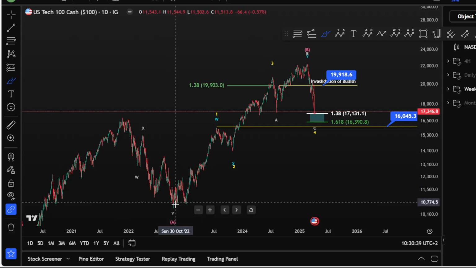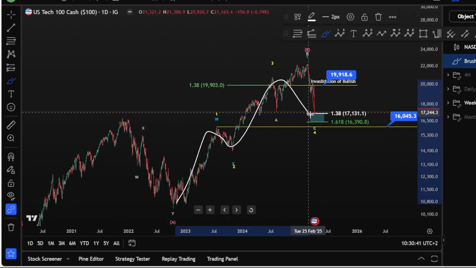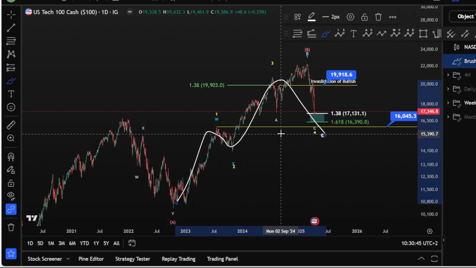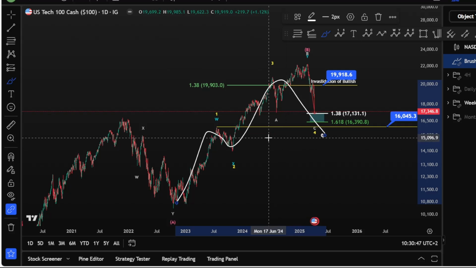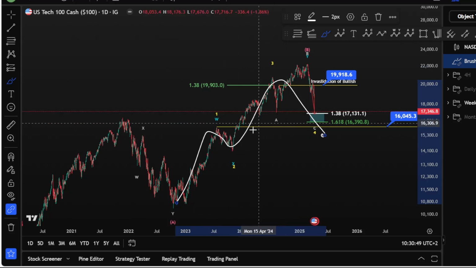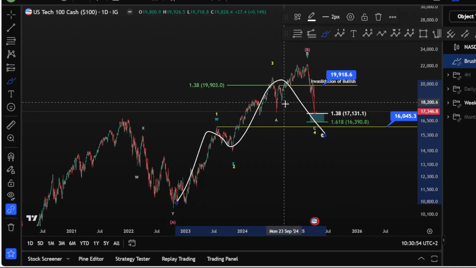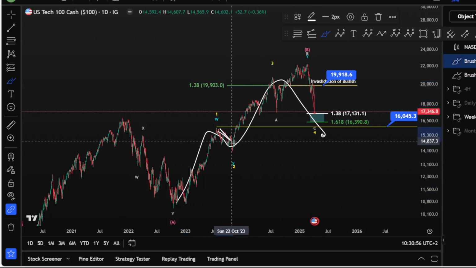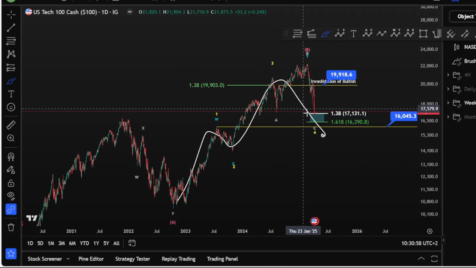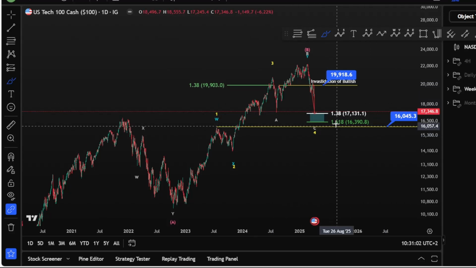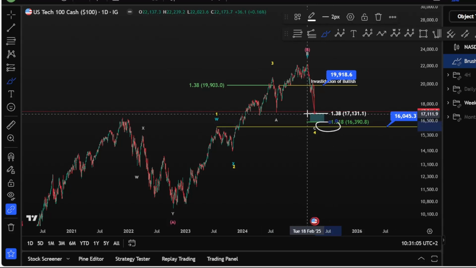In another scenario, if you have a 1 2 and then another 1 2 here, the momentum of the double 1 2 is broken. It is a very rare case that you get a double 1 2 with a bigger 1 2 here, and that your wave 2 takes much more time than the previous one, and even with a bigger wave. So that means both case scenarios will be invalidated once you hit the 16K.